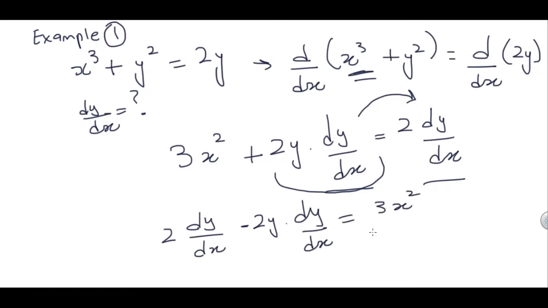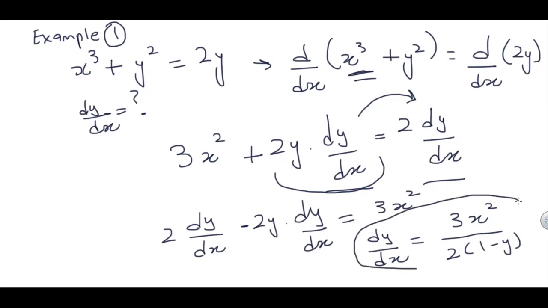If you simplify it, we will get dy over dx equals 3x squared divided by 2 times 1 minus y. In this way, we have been able to differentiate y and find our dy over dx.